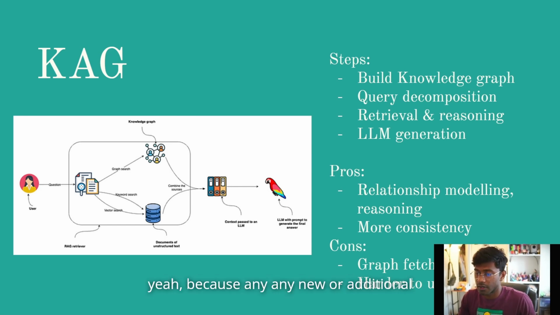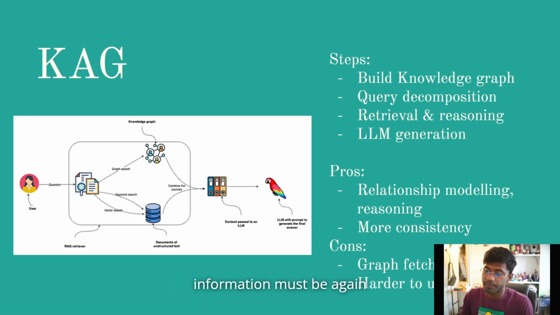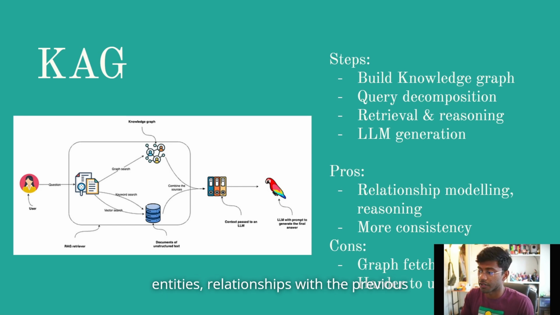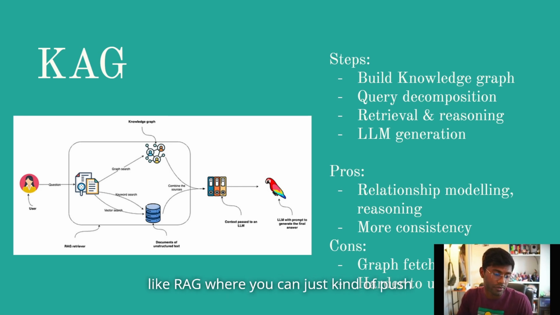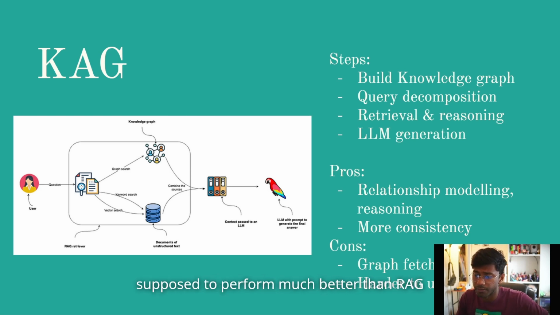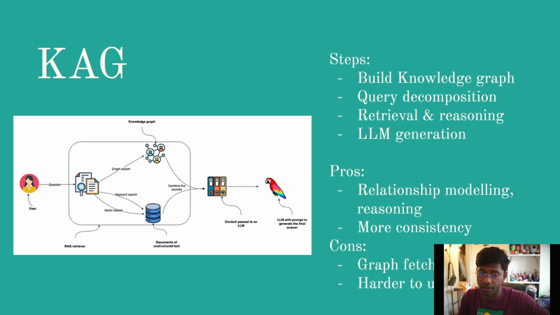Any new or additional information must be passed through the query decomposition, building the knowledge graph, determining all the potential entities and relationships with the previous entities. So it's slightly harder to update the data compared to RAG, where you can just push it into the database and create embeddings for it. But it is supposed to perform much better than RAG or CAG.